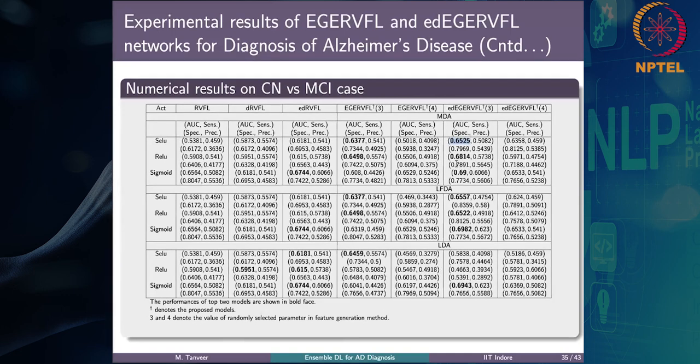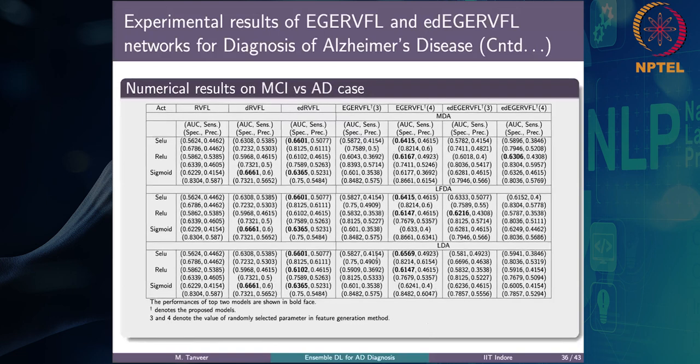In this way, we can see this for another one also, ReLU functions, sigmoid functions. So a big difference. We have highlighted in bold the top two models. Most of the time, except one or two cases, one of our approaches is performing very well.